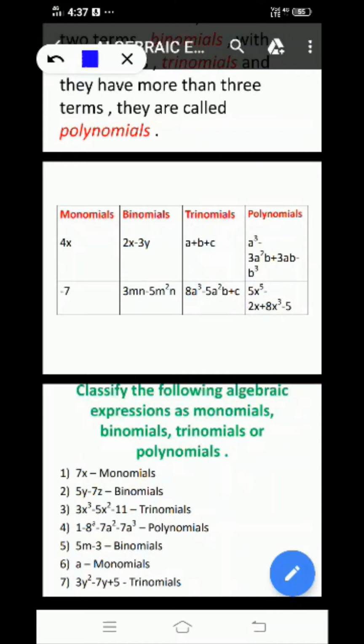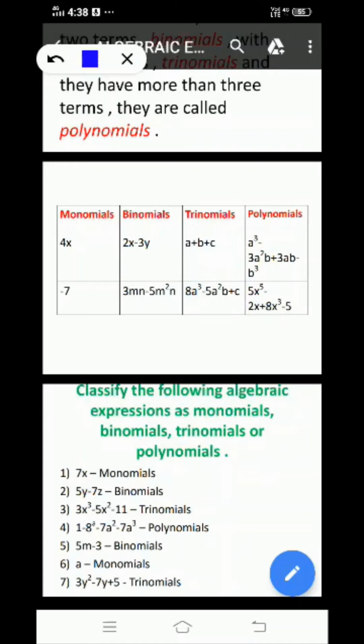Binomial means two terms are included, therefore 5y minus 7z is a binomial. Trinomial means 3x cube minus 5x square minus 11. Three terms are there, therefore it is a trinomial. Now why is this one a polynomial? Because there are four terms. If there are four terms, then it is called a polynomial.